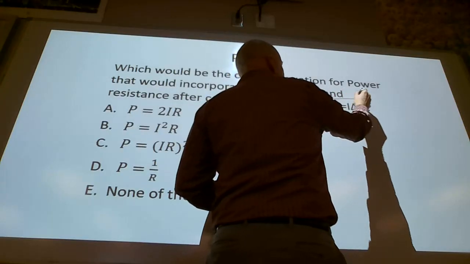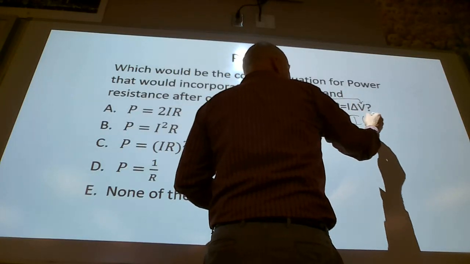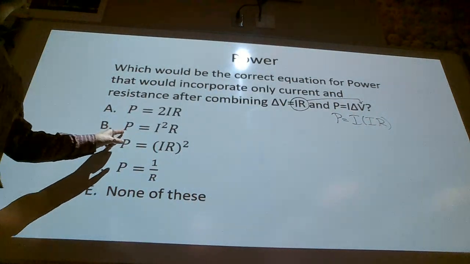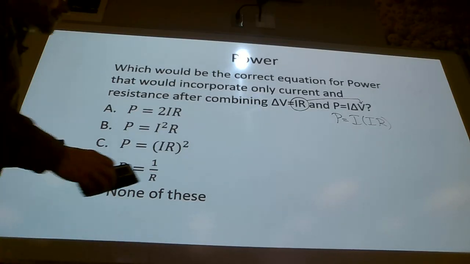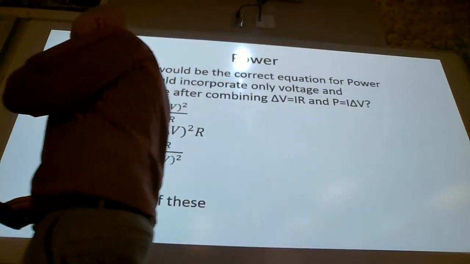So substitute in there. Power is equal to current times current times resistance. Remember that. Okay. We should do the same trick for the next question, but this time we're getting rid of current.